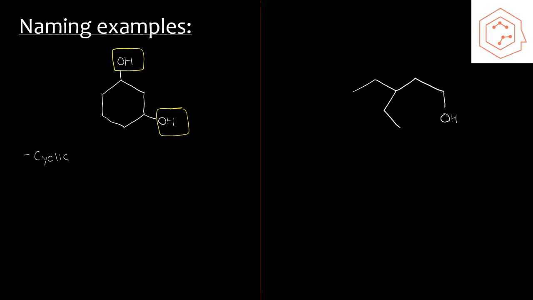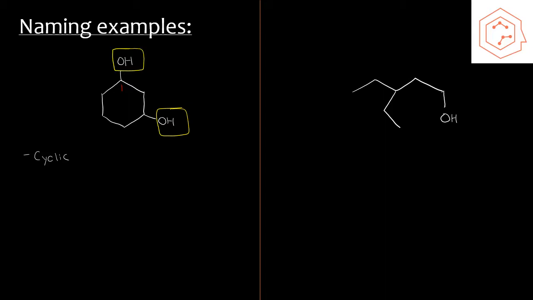Now we can number the carbon chain in the correct fashion. We're going to assign carbon 1 to one of the carbons bonded to either of the OHs. Whichever OH you give carbon 1, it doesn't matter. It's going to end up with the same result. So I'm just going to assign carbon 1 to the OH group at the very top.